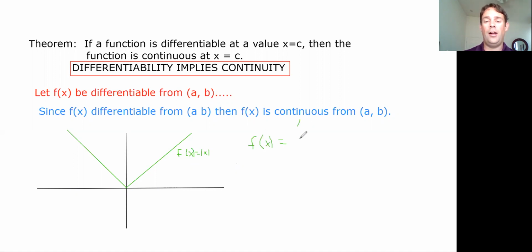I could write it as the negative portion of the graph, and then I could write it as the positive portion of the graph. Okay. So right here at the point (0, 0), this is where the graph turns. So notice, it's a continuous function, it's an absolute value function.